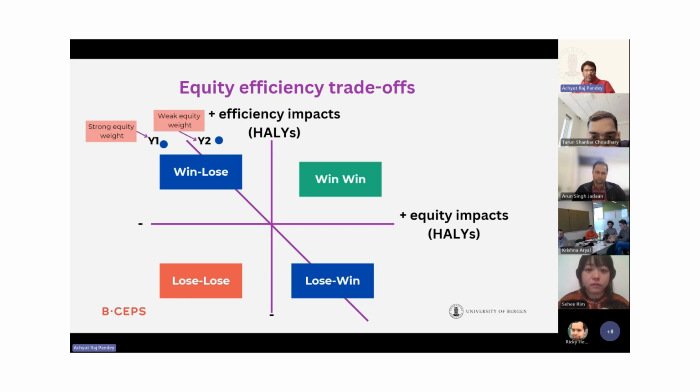And there is an indifference curve, indifference line, where we may have to make a compromise on equity in improving efficiency, or we may have to compromise efficiency while improving equity. So based on the equity weights we assign, the program may appear to the right or left of the social indifference line. If we assign strong equity weights, the negative equity impacts may seem slightly higher. And if we assign lower equity weight, the negative impact on equity may seem slightly less.